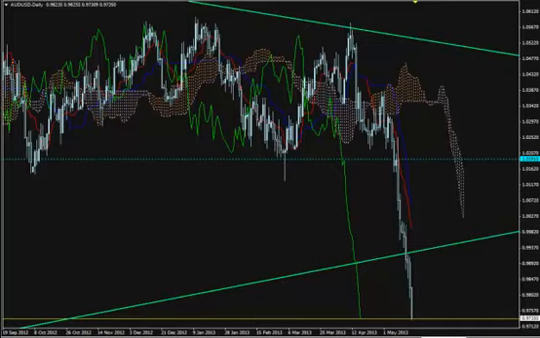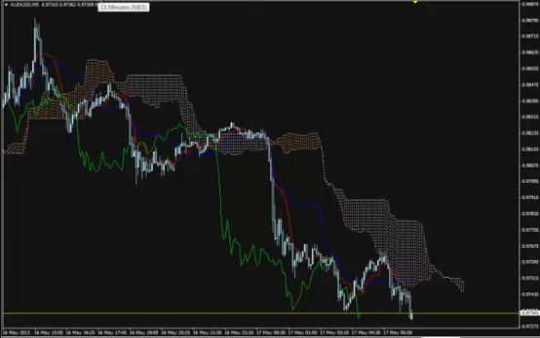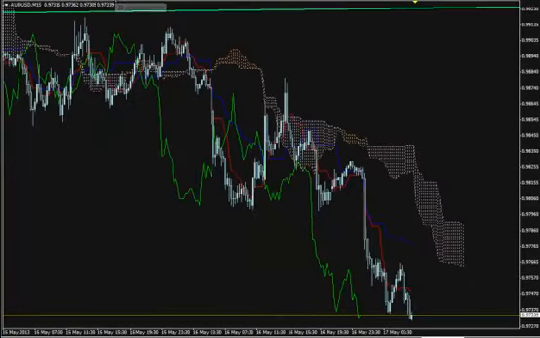So you enter on the M5 chart. You place your stop at a significant resistance level. For instance, on the M5 chart, I see a good resistance here above the Kumo, a few pips above this place. But I would rather go to a higher time frame to pick a significant stop level.